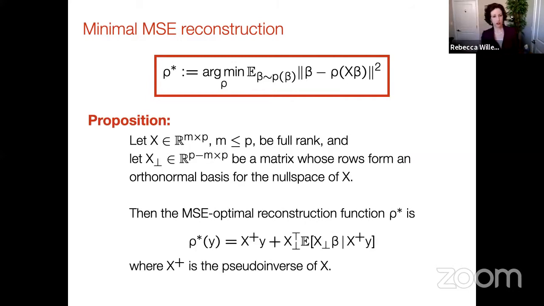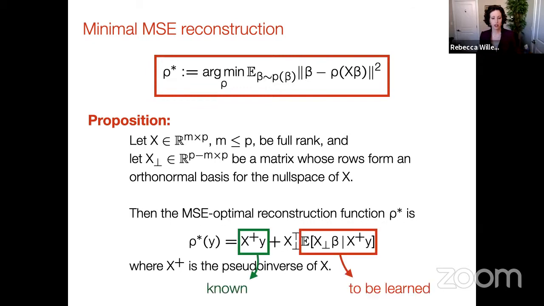One of the things that we can show is the form that this rho star will take. Under some conditions, in particular, if we assume that this forward model X is full rank, then we can write the mean squared optimal reconstruction function rho star as having two different terms. The first term here is the pseudo-inverse of X times our measurements y.